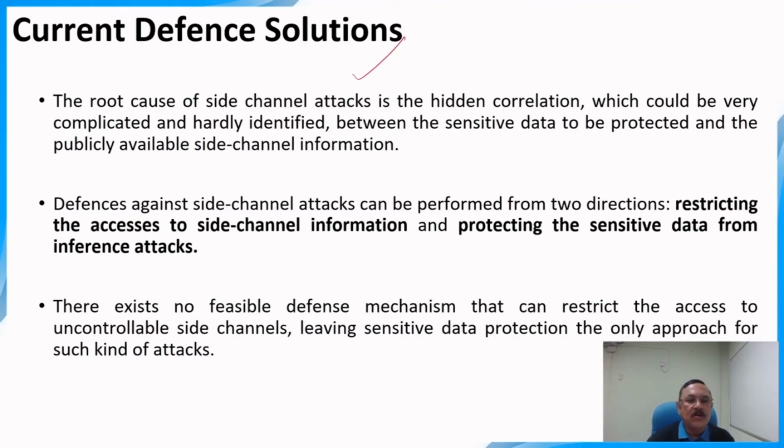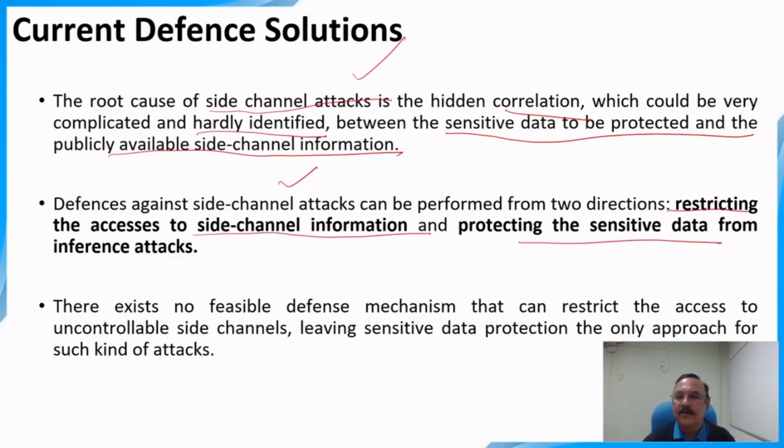The root cause of side channel attacks is the hidden correlation, which could be very complicated and hardly identified, between the sensitive data to be protected and the publicly available side channel. Now, defenses against side channel attacks can be performed from two directions: restricting the access to the side channel information and protecting the sensitive data from inference attacks.